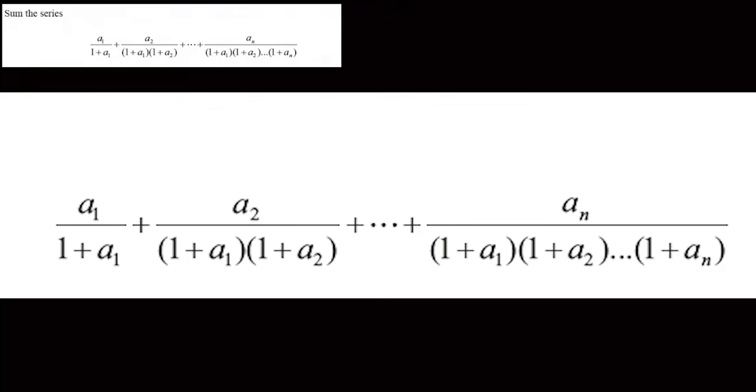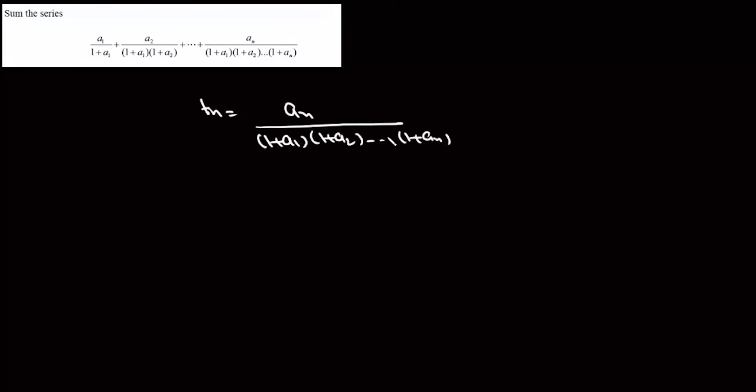Now here the question is, we need to find the sum of the series a1 upon (1 plus a1), plus a2 upon (1 plus a1)(1 plus a2), up to an upon (1 plus a1)(1 plus a2)...(1 plus an). Tn is an upon (1 plus a1)(1 plus a2)...(1 plus an). We'll add 1 and we'll subtract 1.